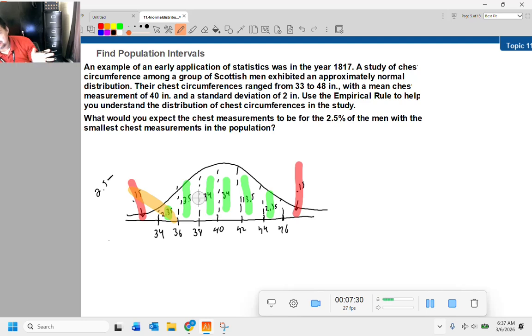If you go to a calculator and you do 2.35 plus 0.15, you get 2.5, which is exactly what I'm looking for here. And I want the smallest chest measurement, so I'm going to be over on the left, not the right. Left is less. It always has been. So it would be men with chests less than 36 inches.